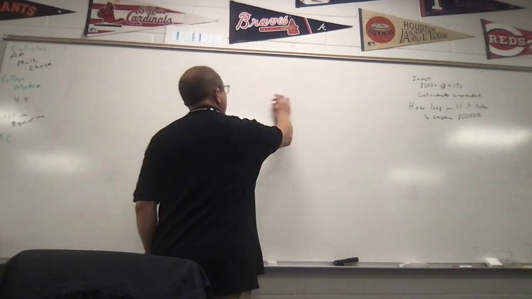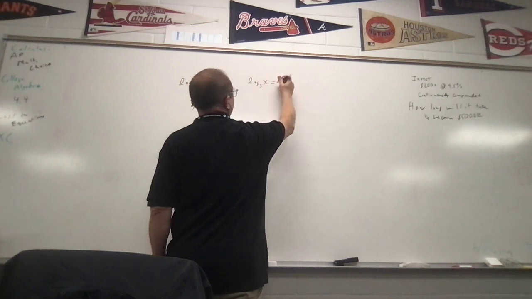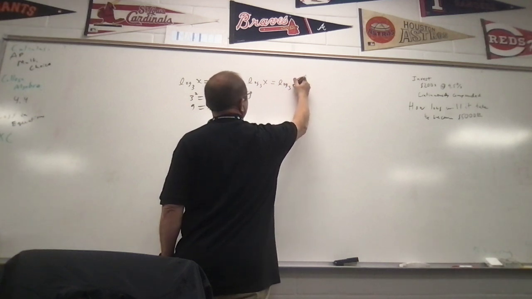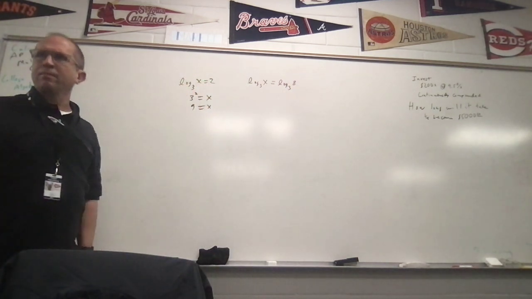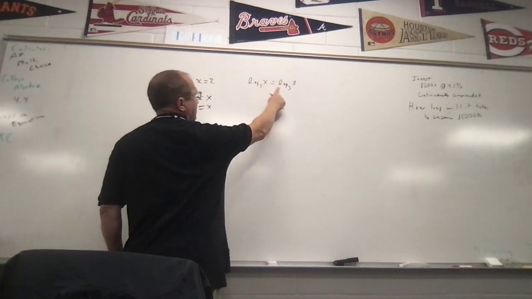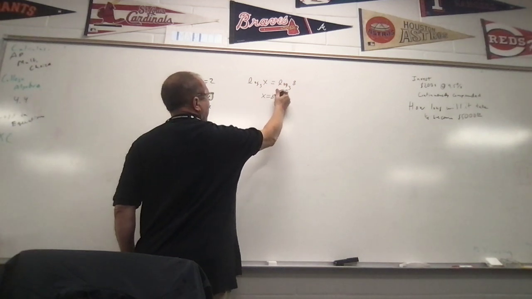The other method is to get a single logarithm, and I'm using log base 3, I don't know why, just am. So if the log base 3 of x is equal to log base 3 of 8, then would that not make sense that x would have to equal 8?